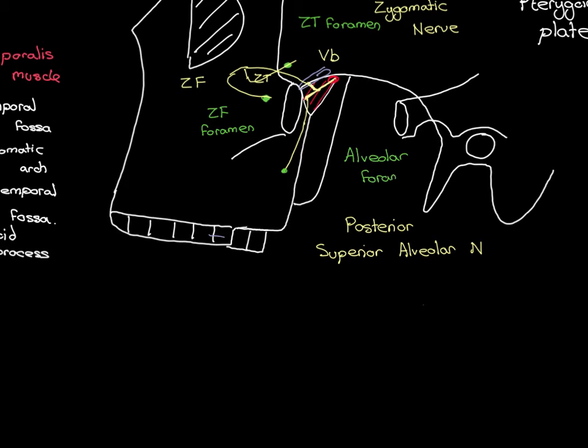So what is this nerve going to do? Well, it's going to provide innervation to the superior row of teeth. Now, we're going to see that there are two other nerves, the anterior superior alveolar nerve and the middle superior alveolar nerve, that are also going to innervate the superior row of teeth. I do not know exactly what the domain of the posterior superior alveolar nerve is.